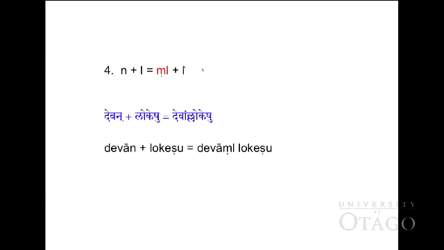The fourth one, n followed by l. The first letter of the second word begins with l, so change n to ṁl or l̃. Devān lokeṣu will be devāṁl lokeṣu, like this.